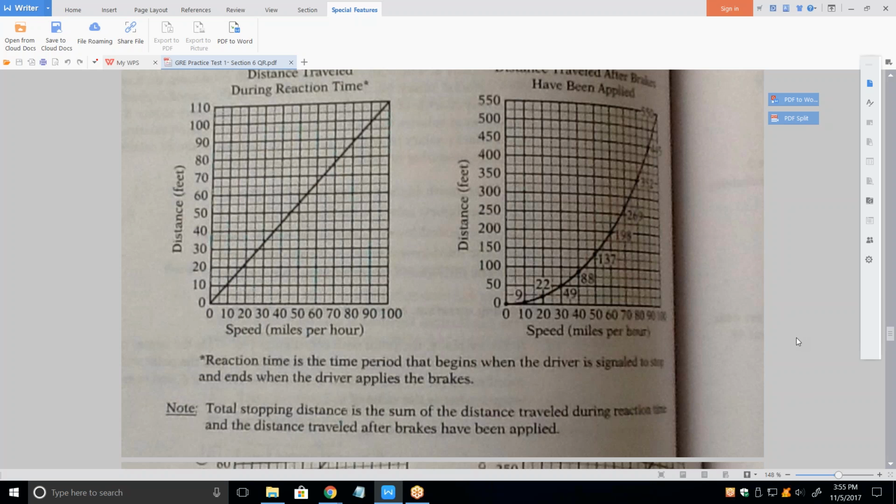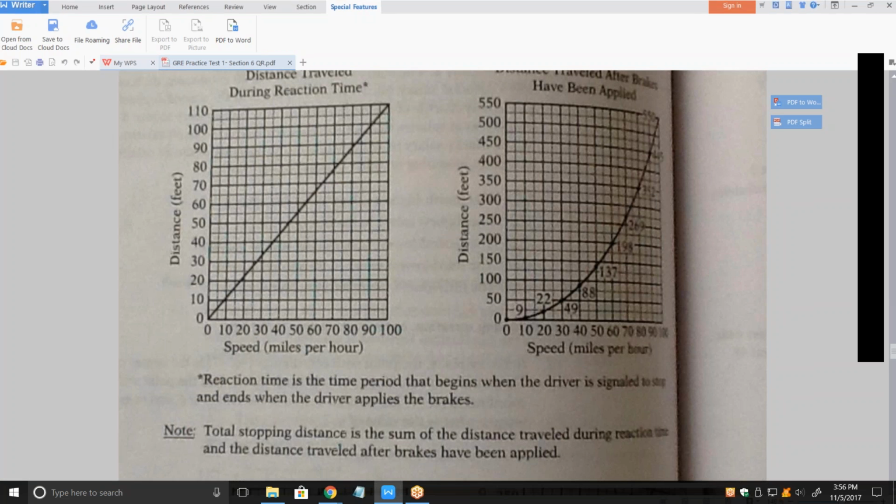Okay, so see where the tab says GRE practice test? Go one left and it says my WPS. And then go 2 left of that and you see the back arrow. Okay, but unfortunately that's going to give me a back arrow on this. It's not going to show me what my writing was. I clicked on that and nothing happened.